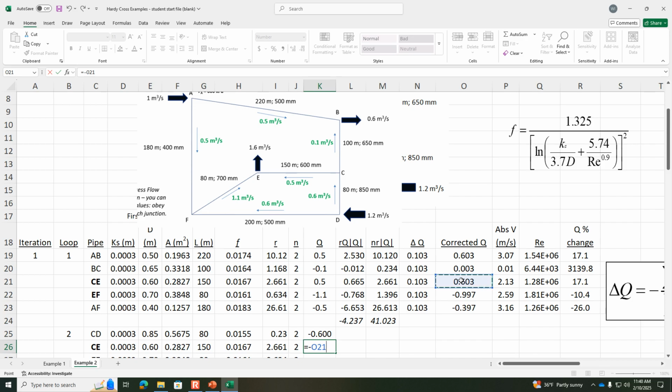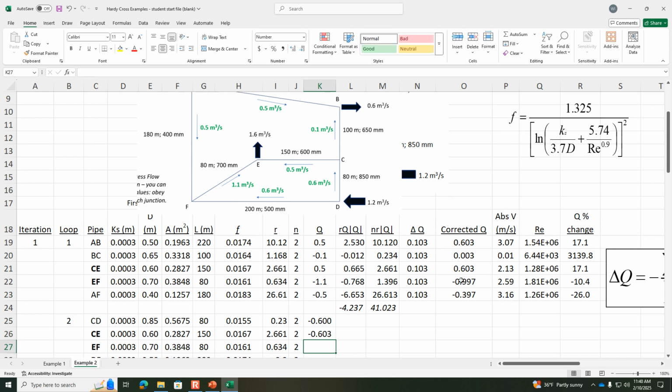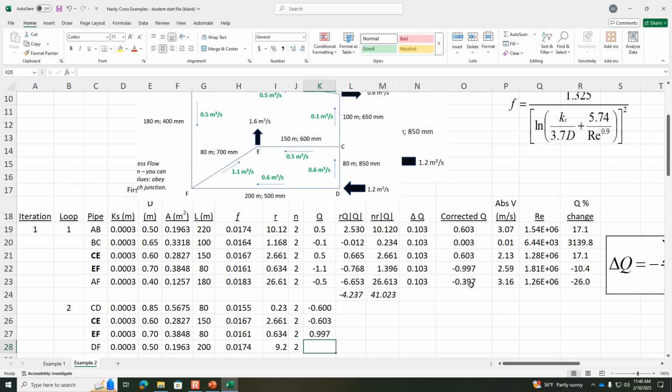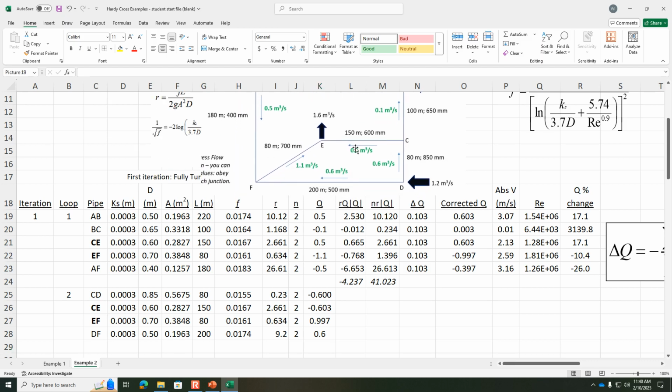It's the same magnitude, but just a different direction. That's what I'm using as my guess for the flow rate. The same issue applies to pipe EF: equals negative of the most recently calculated flow rate for EF, which is here. And then DF, I'm just using my original guess of 0.6, because if you look here, pipe DF has not been affected by the loop 1 calculations that I did.